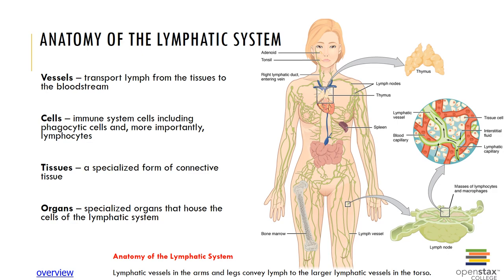The lymphatic network begins with the lymphatic capillaries, which merge to form progressively larger vessels as they make their way towards circulation. And here you can see the anatomy of the lymphatic system, which includes the vessels, cells, tissues, and the specialized organs of the lymphatic system.